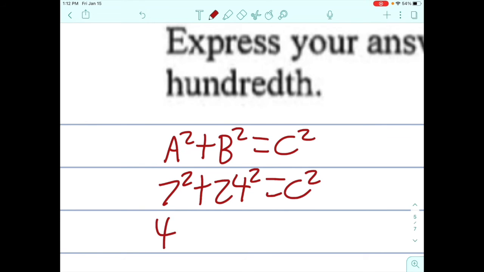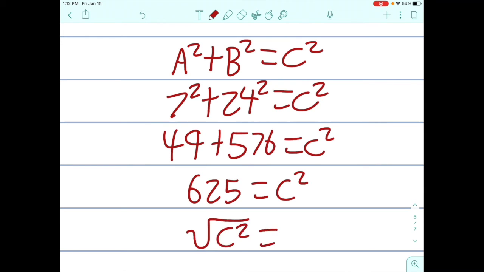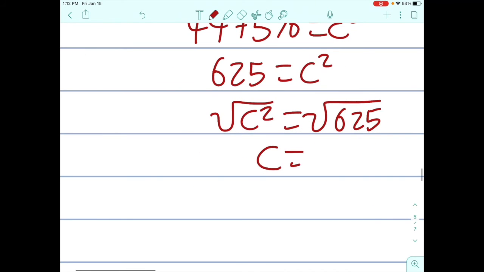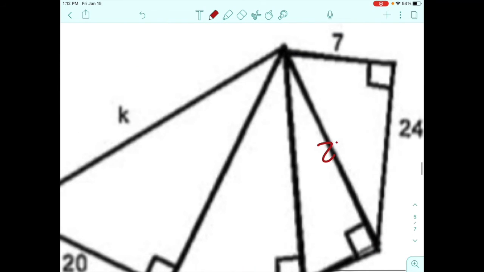Then we get 49 plus 576 equals c squared. 625 equals c squared. Square root of c squared equals square root of 625. C equals 25. So that's our first hypotenuse. Write that in the picture, 25.